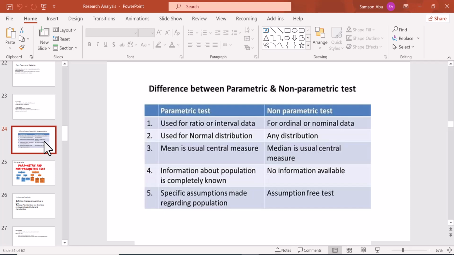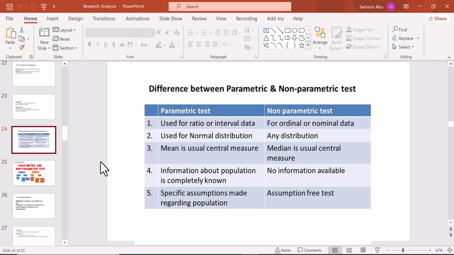For parametric tests, information about the population is completely known, while for non-parametric, no information is available. A parametric test makes specific assumptions regarding the population, while a non-parametric test is assumption-free.